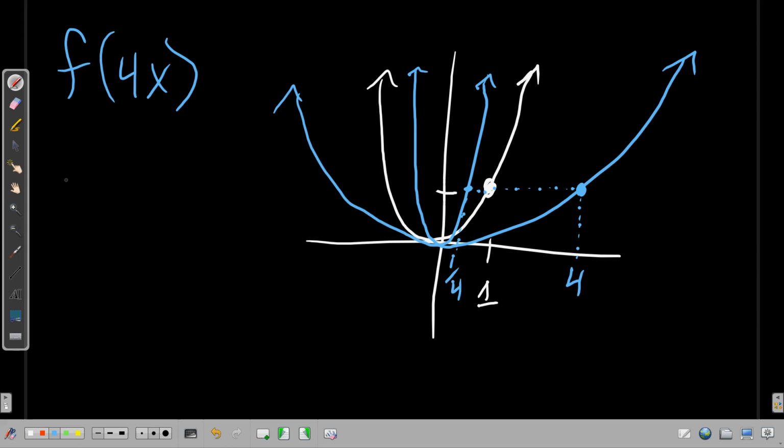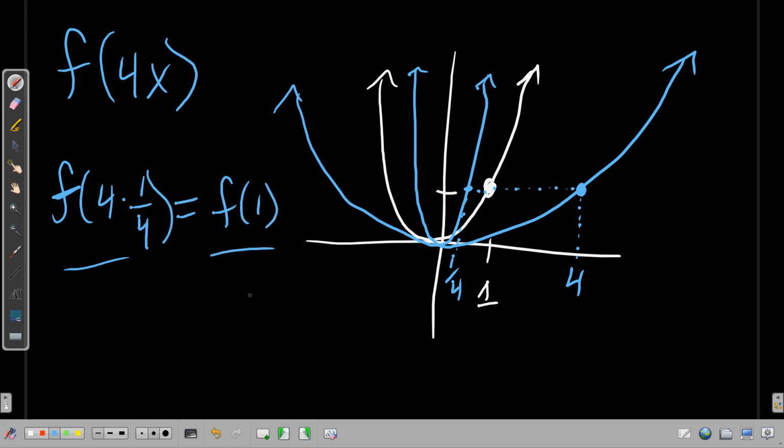It must be the 1/4. f of 4 times 1/4, that is f of 1, it will have the same y value. So evidently, to multiply by this number that's bigger than 1 makes this curve kind of taper. It's skinnier. All right.